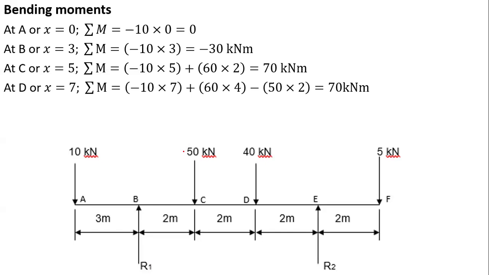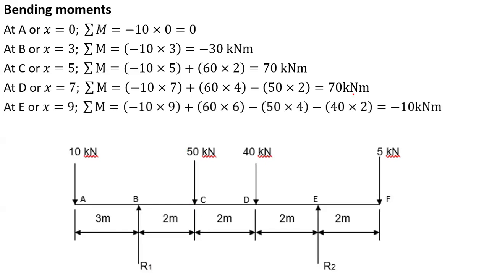Then the newcomer is negative 50 by this distance here in between, which is 2. So I have negative 50 by 2. You enter all that in your calculator, you should get 70. What if I proceed now to point E, which is this one?